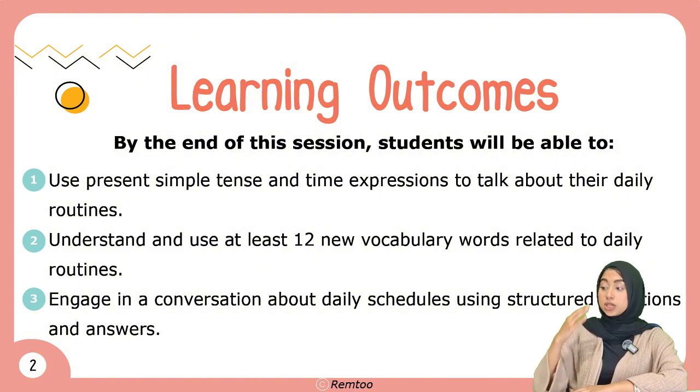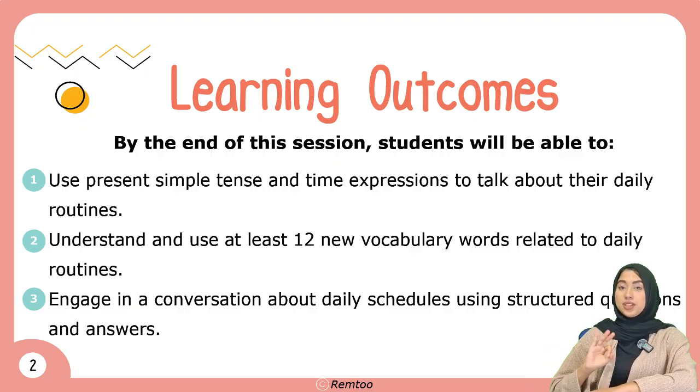Number two, understand and use at least 12 new vocabulary words related to daily routines. Number three, engage in a conversation about daily schedules using structured questions and answers. And engage here means be active in the conversation when you're speaking about your daily routine and things you do every day. Okay, and now let's just jump into our warm-up activity.